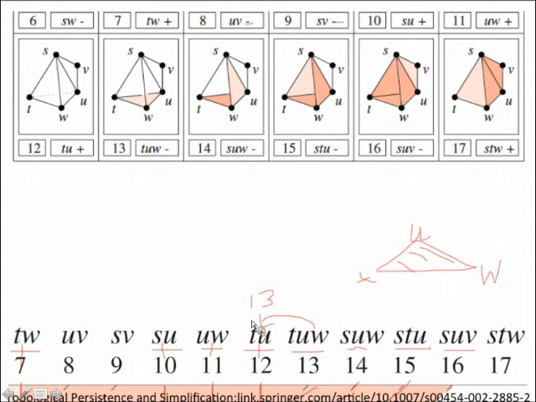And I will also notice the ones that it could have been paired with. It could have been paired with TU, so I will put TU down here as well. Since this thing here cancels out this one cycle, that one cycle is created by TU, UW, and WT. So it will also be paired with UW, as well as TW.